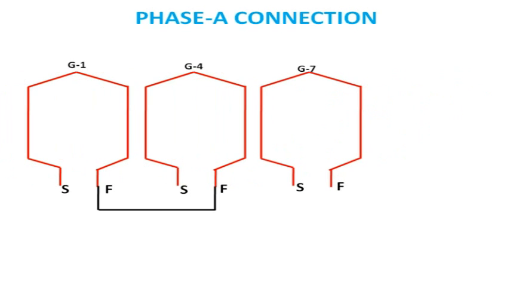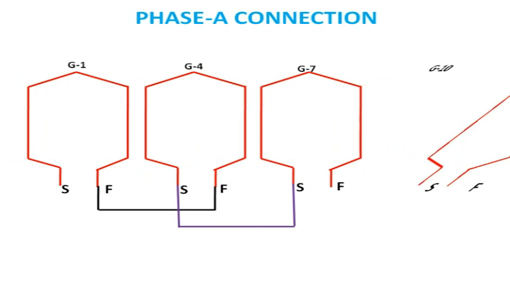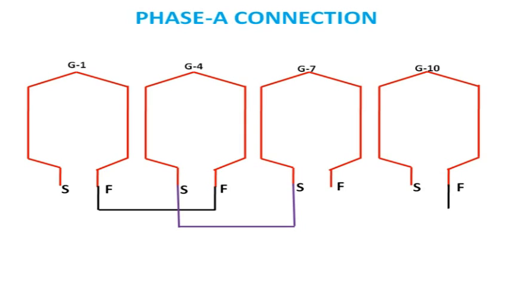And again the starting of the fourth coil group will be connected to the starting of the seventh coil group. Similarly, the finish of the 7th coil group will be connected to the finish of the 10th coil group. And finally, the A1 and A2 terminals will come from the starting of the first coil group and the 10th coil group.